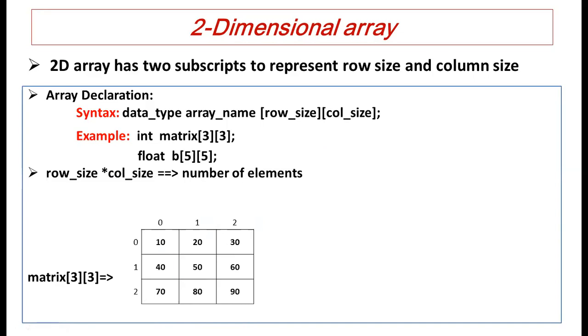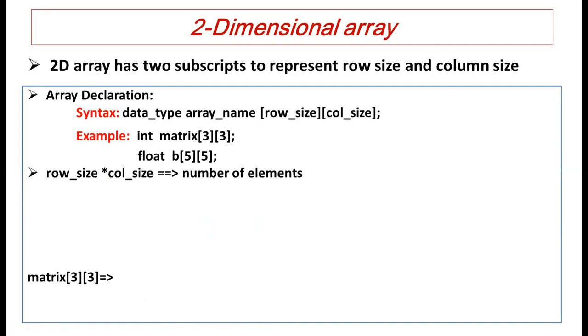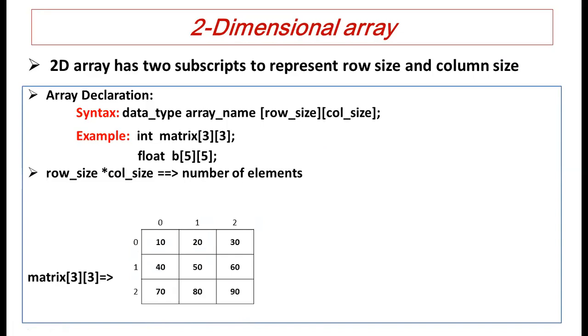For example, if I want to access a particular element from this array, how do I write the coding statement? If I want to access 10, how can I write it in the two-dimensional array? See, matrix[0][0]. If I write like this, it accesses the element 10, at 0th row and 0th column.